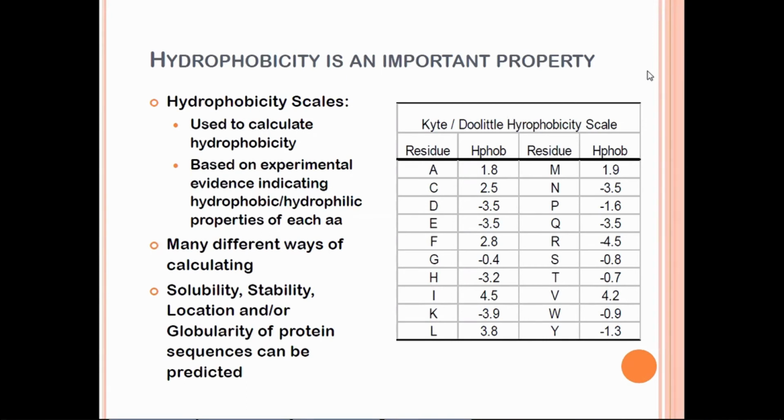Otherwise, it will become very painful because it's not soluble. Ya, masuk darah je, macam batu kan, masuk dalam blood circulation kita, it will be very painful lah, because it's not soluble. So hydrophobicity is important to predict the solubility of the protein. It can be calculated if you know the sequence of your protein.